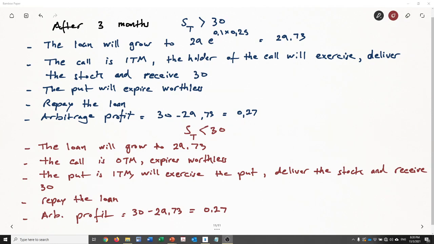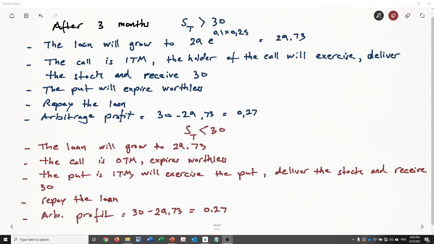Let's examine the second scenario, in which ST is going to be less than the strike price, or less than 30. Again, the loan will not change, it will grow to 29.73. The call in this case will be out of the money, which means it will expire worthless.